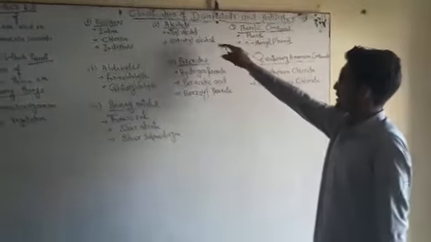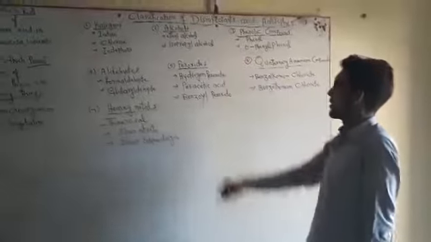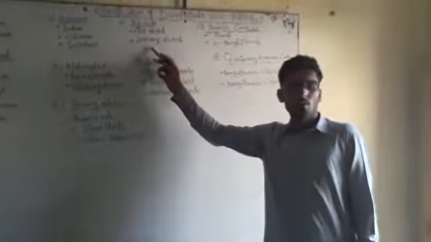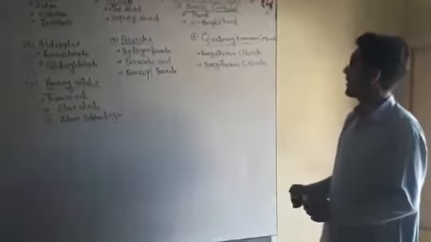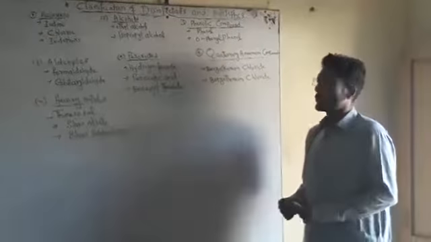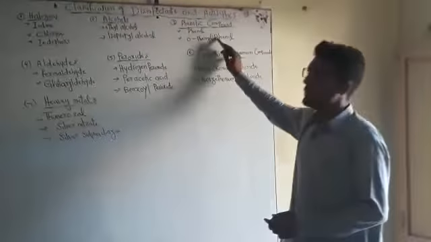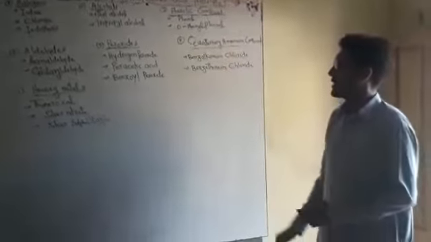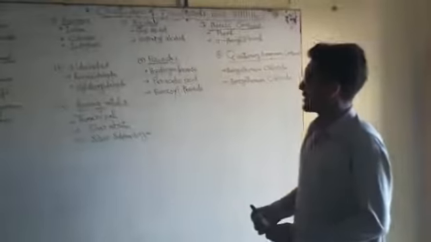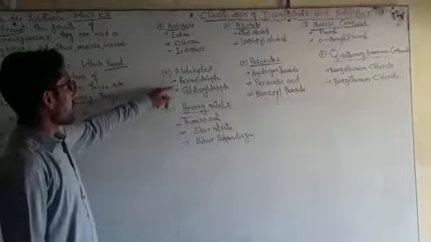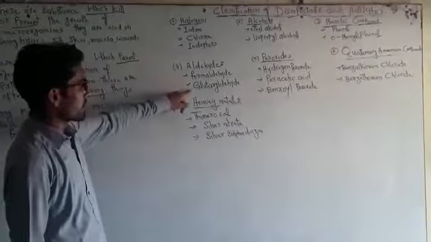The second class consists of alcohols, which may be ethyl alcohol and isopropyl alcohol. Now the phenolic compounds, which consist of phenols and O-phenyl phenols. The fourth class is aldehydes, which may be formaldehyde and glutaraldehyde.